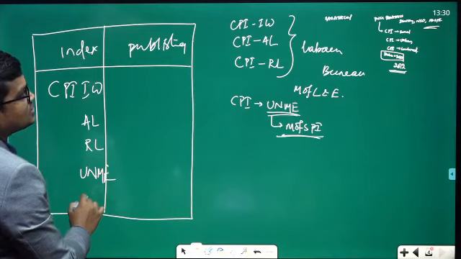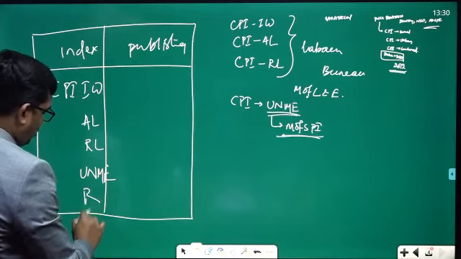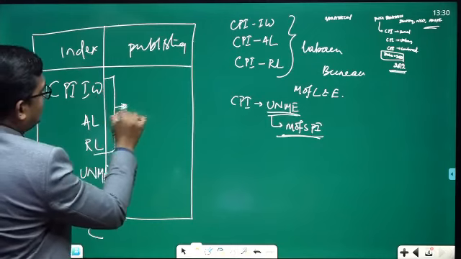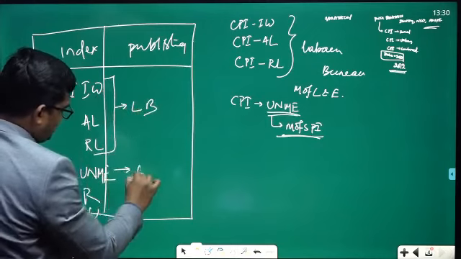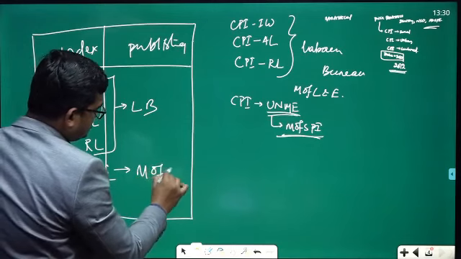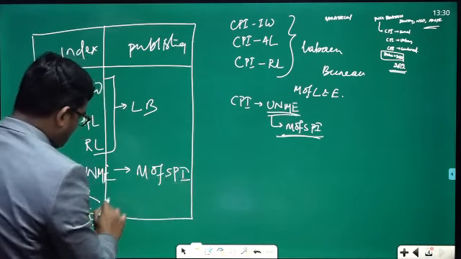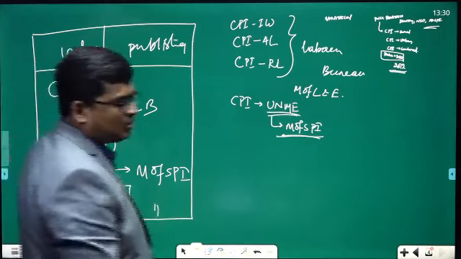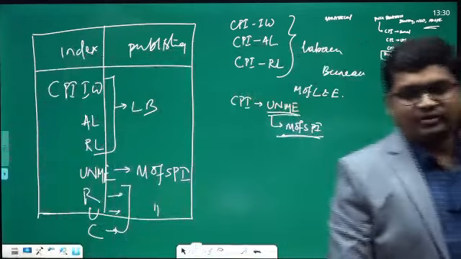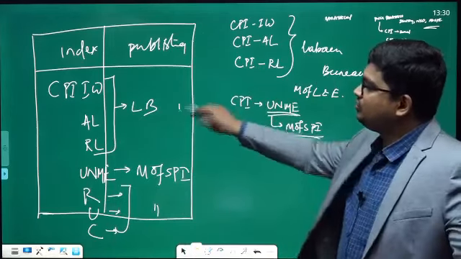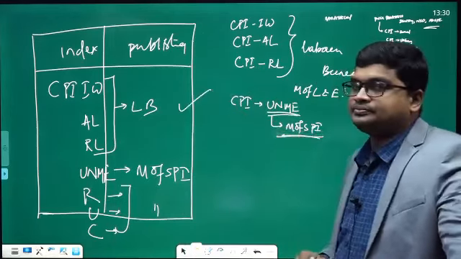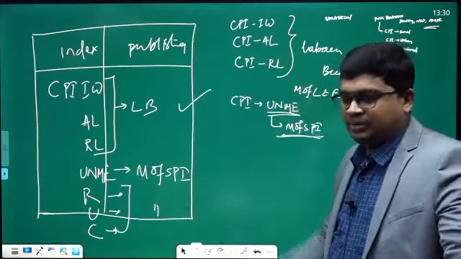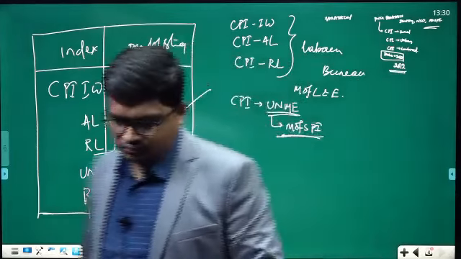Then again your rural, urban, combined. All these three are Labor Bureau, and this is the Ministry of Statistics and Program Implementation, and these three also the same, Ministry of Statistics and Program Implementation. So that it will be easier to remember, you can maintain this whole set of facts in a single table.